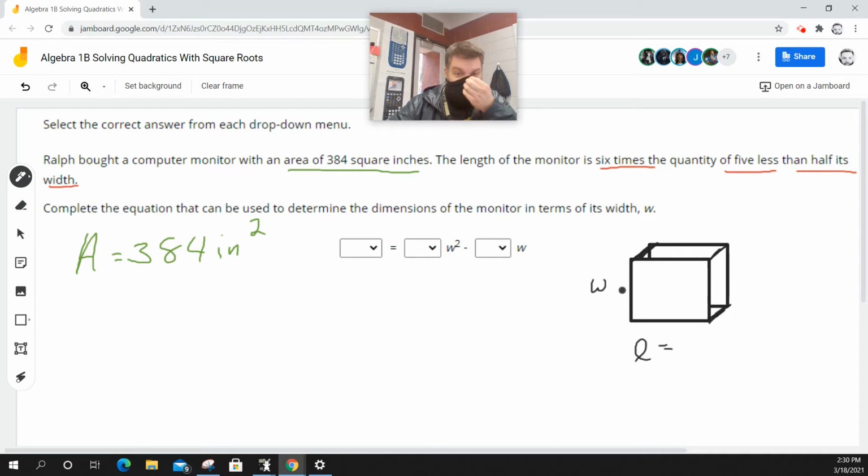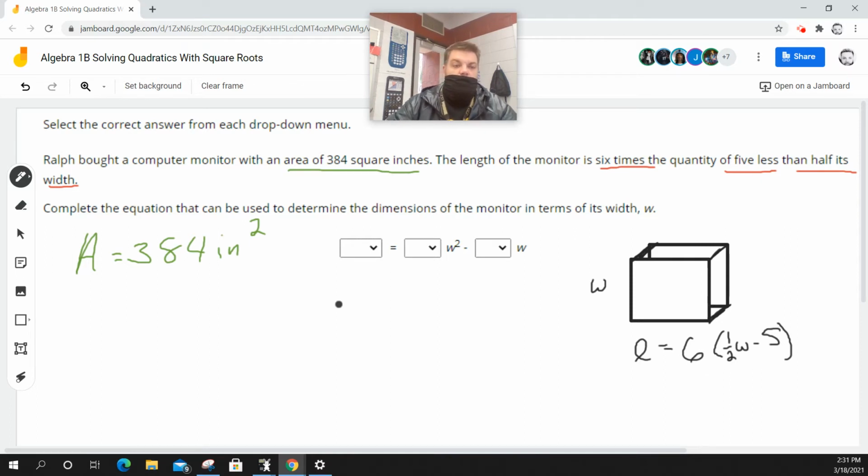And then it says the monitor is 6 times the quantity, 5 less than 1/2 its width. So 1/2 times W minus 5 times 6. All right, so it says complete the equation.